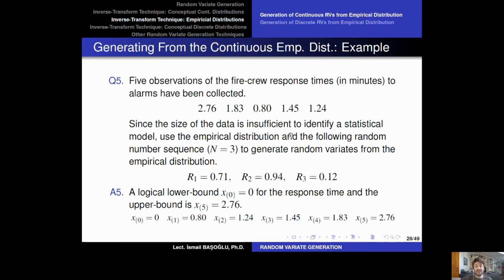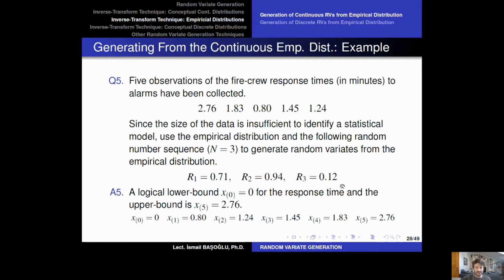So we have an insufficient size of data, right? We need to identify a statistical model here, but we cannot. Why? Because you cannot apply any type of goodness of fit test to such a small amount of data. So we are going to use the data itself, or in other words, the empirical distribution and the following random number sequence.